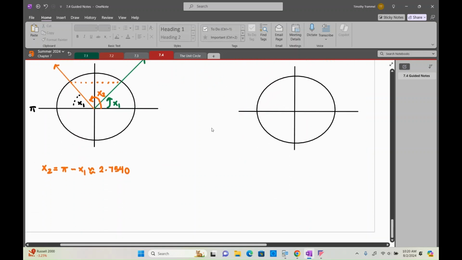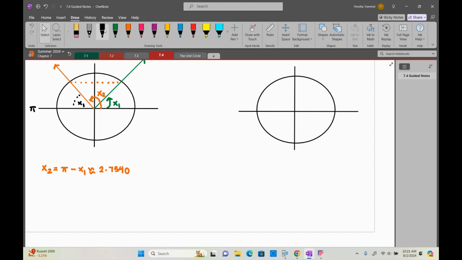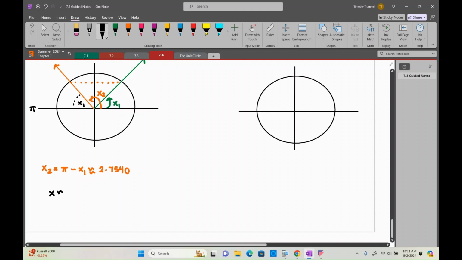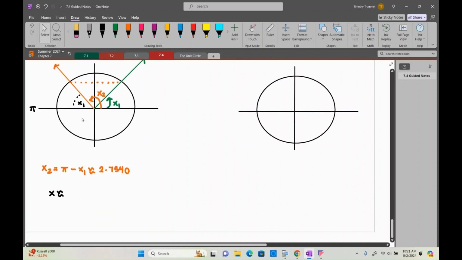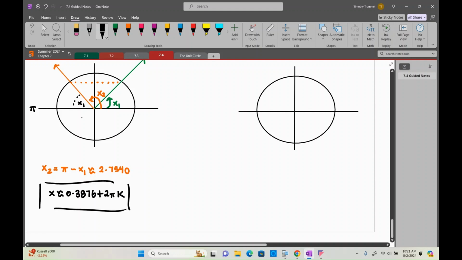So let's just go ahead and record our answers here for this set. So we had that x could be approximately equal to 0.3876 plus any multiple of 2 pi. Okay.